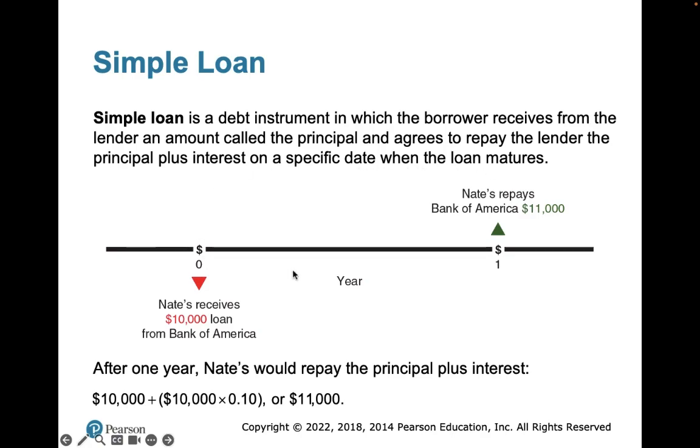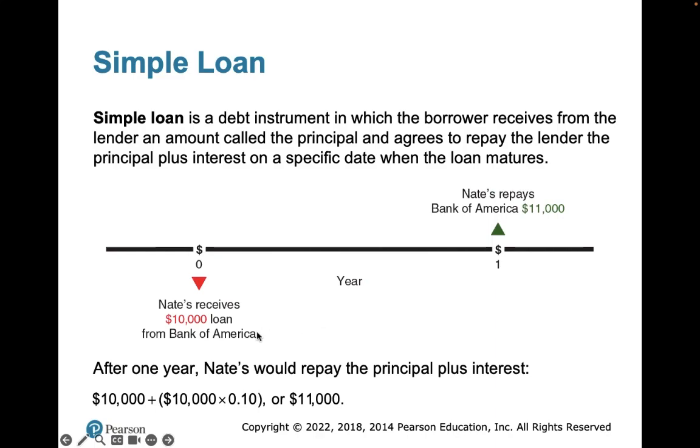This is a very common one. You take money from the bank and you pay the lender the principal plus the interest on a specific day. It could be 1 year, 6 months, 3 months. You pay all of this. Like the example we have here, Nate took a loan from the Bank of America for a 1 year period.